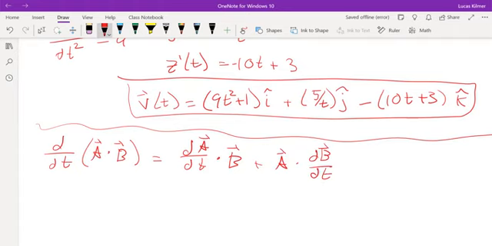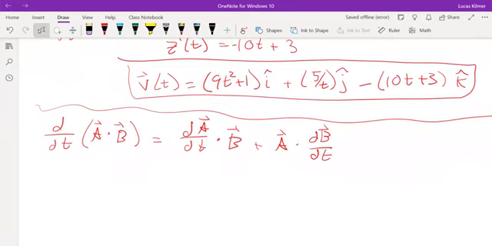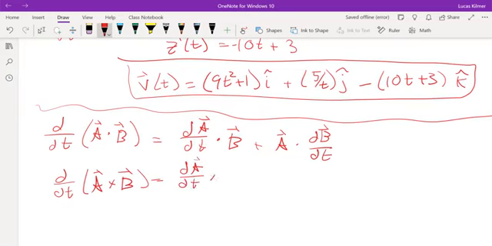This is just incorporating some of our traditional dot product rules, or the product rule. We could do the same thing if we were taking a cross product of two vectors. Once again, it can be done the same way, starting with A because it is the one that is the most on the left. So dA/dt crossed with B, plus A cross dB/dt.